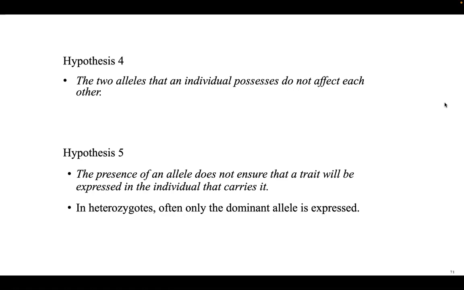His 5th hypothesis was that the presence of an allele does not ensure that a trait will be expressed in the individual that carries it, which we see all the time in the heterozygotes, because often only the dominant allele of those 2 mismatched alleles is expressed.